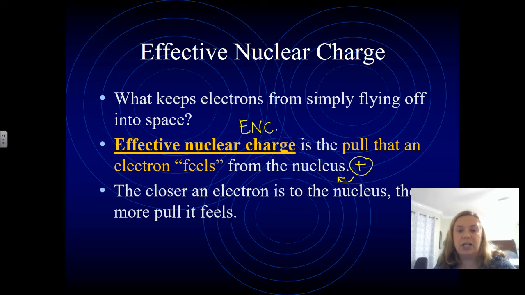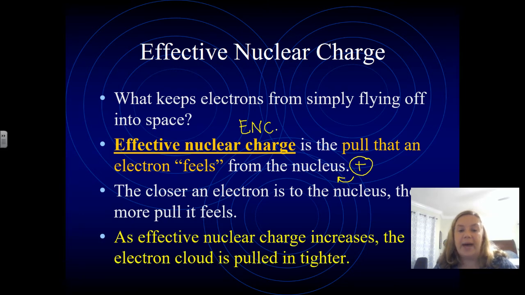So the closer the electron is to the nucleus, the more pull it feels. So if you have a 1s electron, it's going to feel more pull than a 7s electron, for example. So as effective nuclear charge increases, the electron cloud is pulled in tighter. So even if we think about, let's see, sodium. Sodium has 11 protons and 11 electrons.